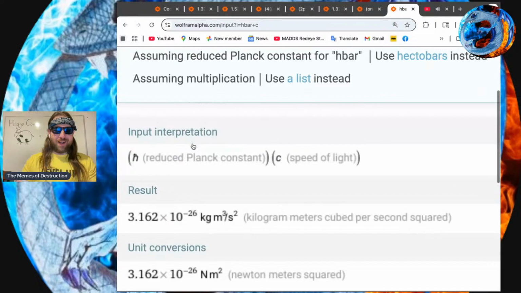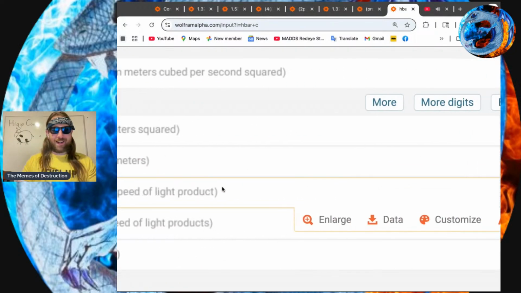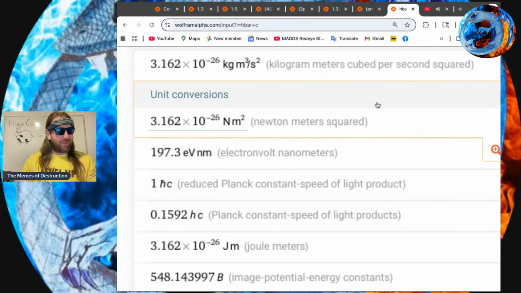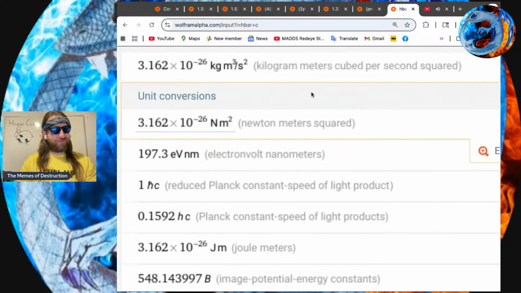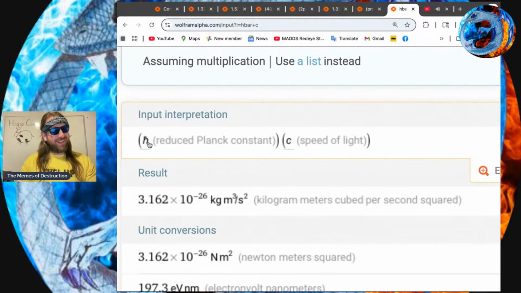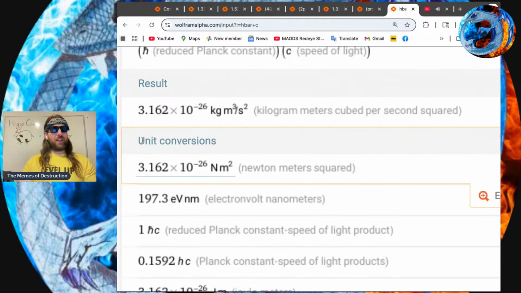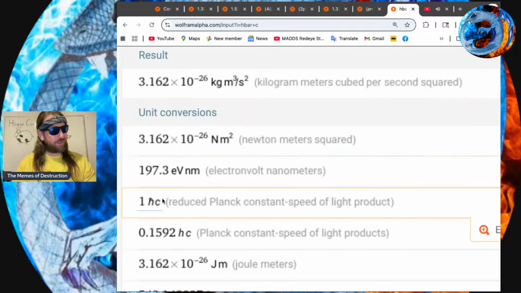Okay. Why do I say this? Partially because, again, I'm just the person that's kind of crazy that, oh, look, hbar c, aka the reduced Planck constant and speed of light product, because you're just multiplying them together. That's 1.